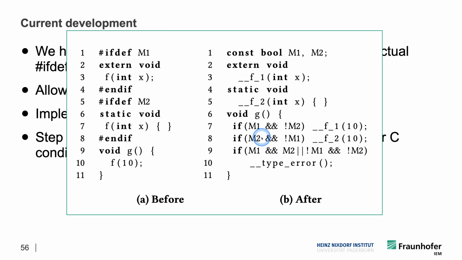In the other case, where M2 is enabled and M1 is disabled, then the call should go to F2, so to this function definition. And in all the other cases, we should actually have a type error, okay? So that means basically the code is not valid. It doesn't type.